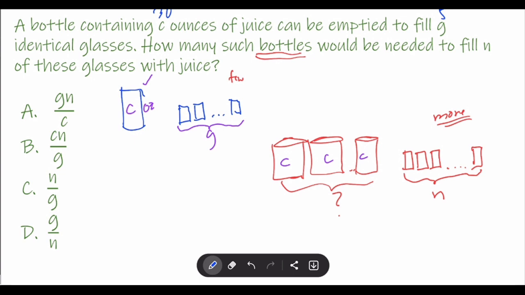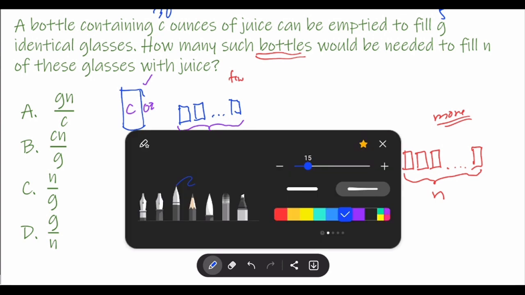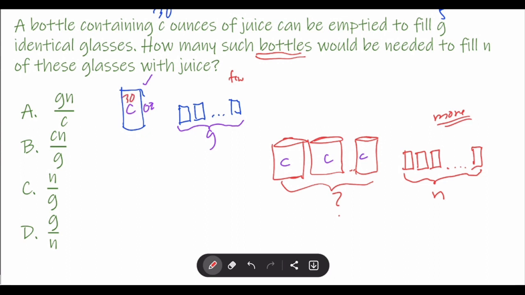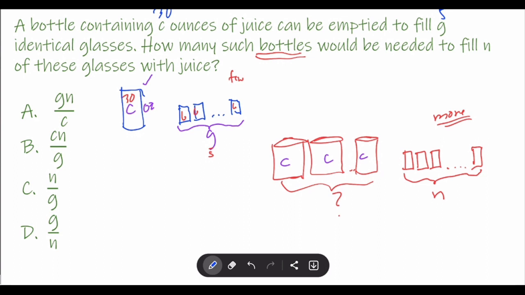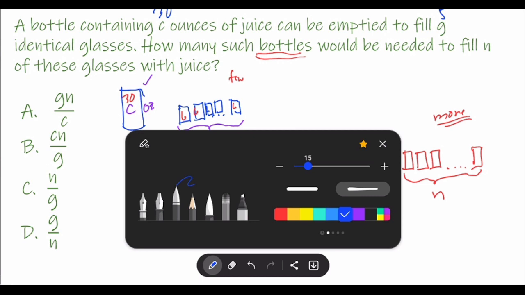So if this is 30, then each glass must be 30 divided by 5, which is 6. So this is 6, and this is 5. Because we assume that there are 5 glasses, we're going to make five glasses, which is 6 ounces each.